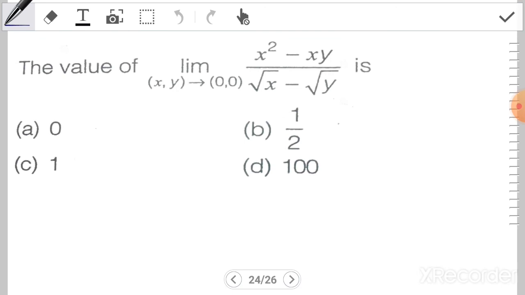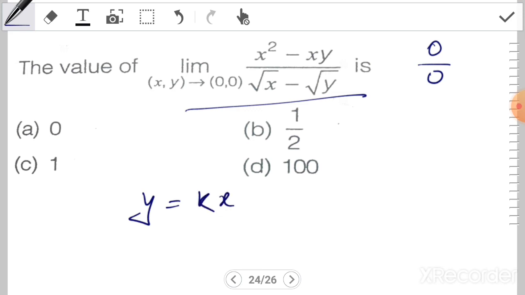The value of the limit of (x square minus xy) by (root x minus root y) is? So if you put the values of x and y, then you will get 0 by 0 form. Since there are two variables, you cannot directly use L'Hospital's rule. So with two variables, what we can do is take one as a dependent variable, y is equal to kx.